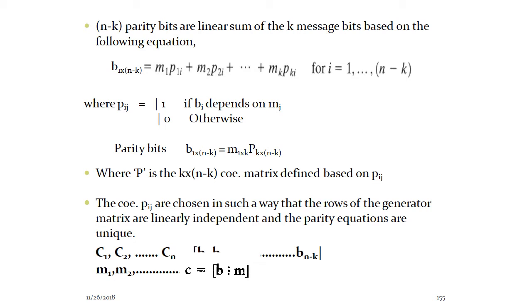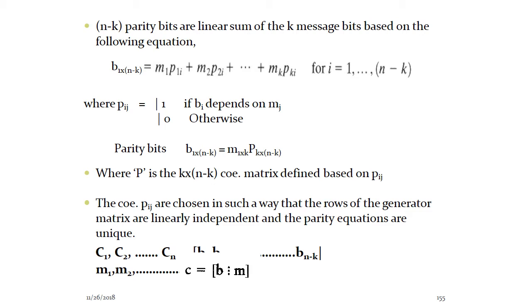So the parity bits b = m p, where P is the k by (n-k) coefficient matrix defined based on pij.